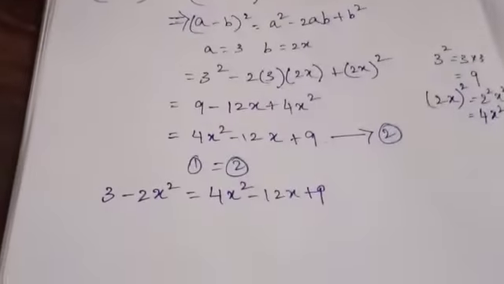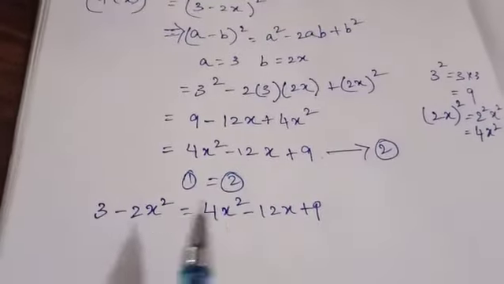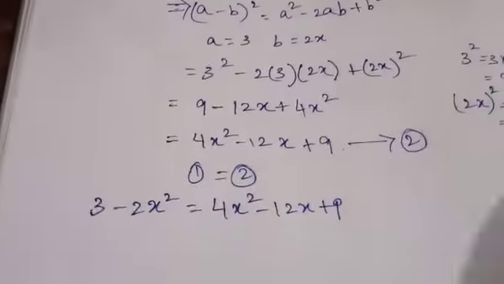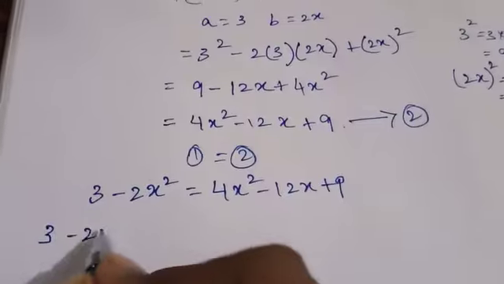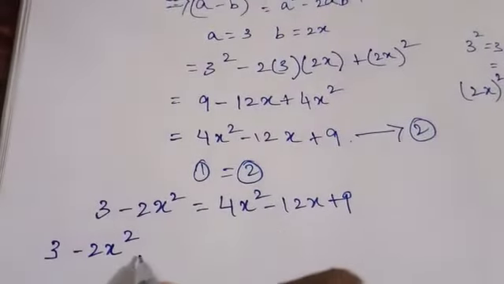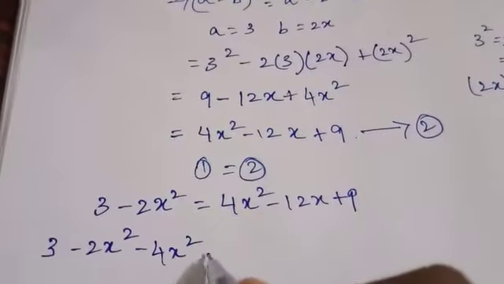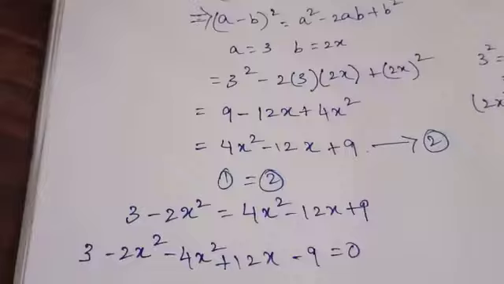What we have to do is bring all the terms to the left hand side. First we'll write what is here in the left hand side: 3 minus 2x square. Then I'm bringing this 4x square here, so it becomes minus 4x square plus 12x, and this minus 9 is equal to 0.